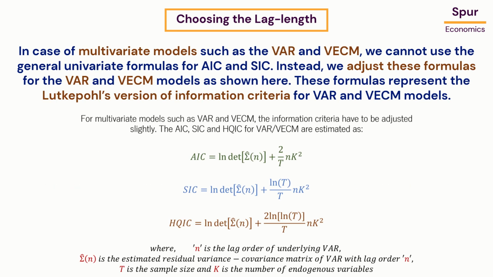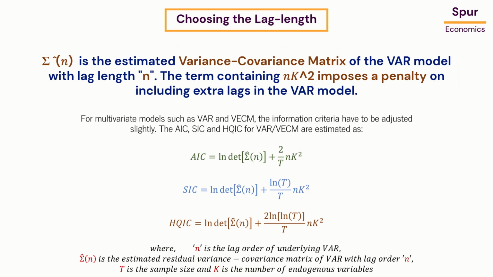In case of multivariate models such as the VAR and VECM, we cannot use the general univariate formulas for AIC and SIC. Instead, we adjust these formulas for the VAR and VECM models as shown here. These formulas represent the Lütkepohl version of information criteria for VAR and VECM models. Sigma cap n is the estimated variance-covariance matrix of the VAR model with lag length n.